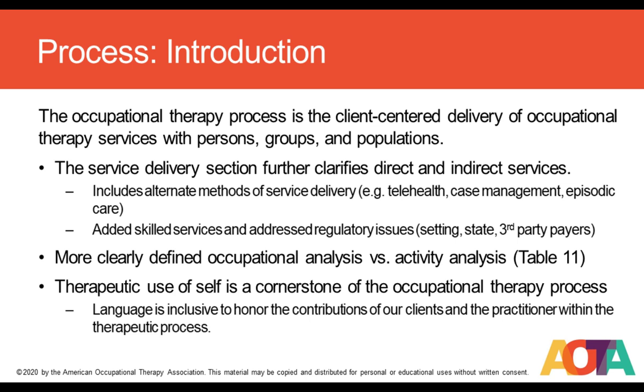You will notice as evaluation, intervention, and outcomes are further discussed, this addition of populations is integrated throughout the occupational therapy process. Along with further clarifying service delivery, the content on practice within organizations and systems was moved to the process section of the OTPF 4, whereas it was previously found in the preface of the OTPF 3. This change further reflects the application of the occupational therapy process within populations.